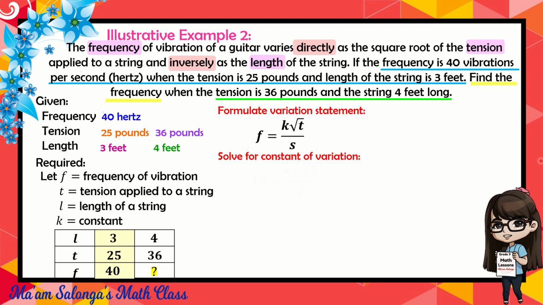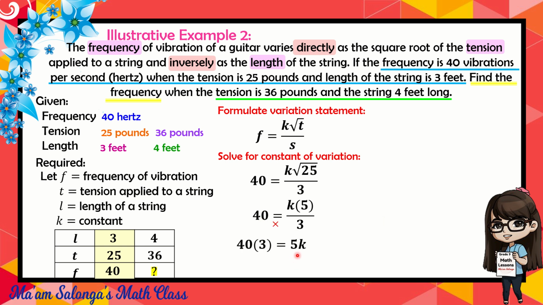By substitution, we have 40 equals K square root of 25 over 3. Square root of 25 is 5. So we will have 40 equals K times 5 over 3. Then, 5 and 3 are not divisible by each other, so we will just multiply 3 by 40.